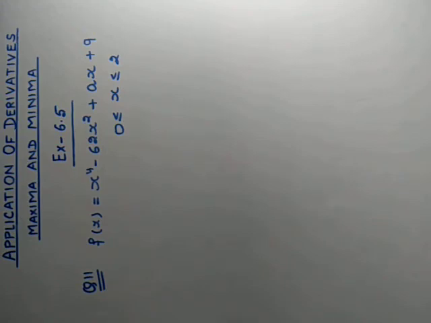Question number 11. It is given that at x equals 1, the function x raised to the power 4 minus 62x square plus ax plus 9 attains its maximum value on the closed interval 0 to 2. Find the value of a. So it is given that the value of the function is maximum at x equals 1.